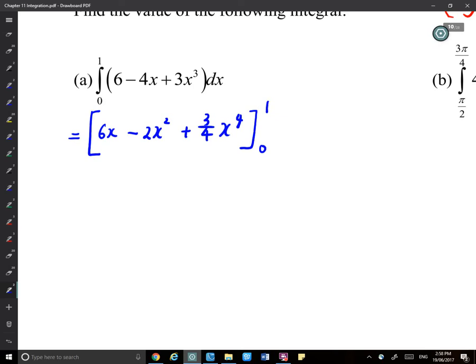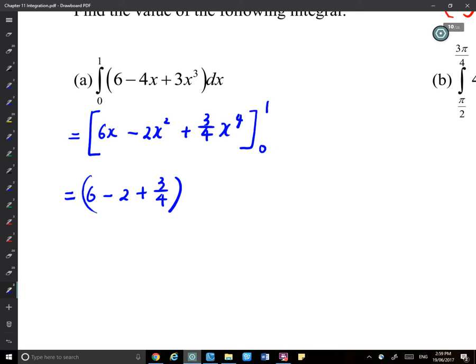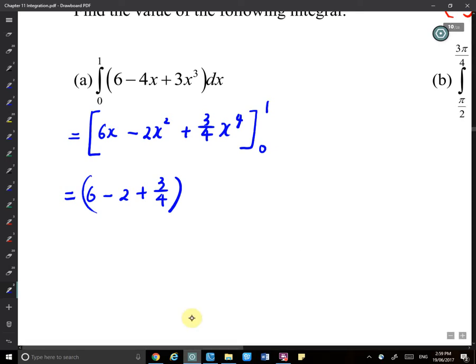The next thing we'll do is we sub 1 into this function first, the top number first. So we have 6 minus 2 plus 3 over 4. That's one value when I sub 1 in. And I'll sub 0 into this function. We have 0 minus 0 plus 0.